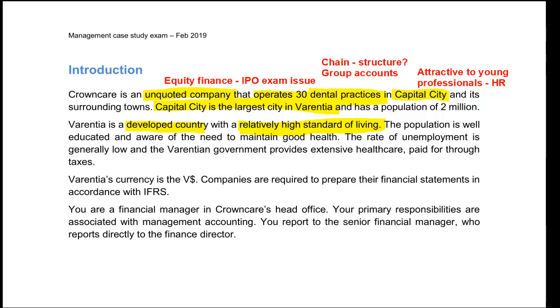This means that not only will these rather affluent and wealthy people in that population be interested in the typical dentistry, like fixing your teeth, fillings, root canal procedures, all those standard preventative or curative procedures.